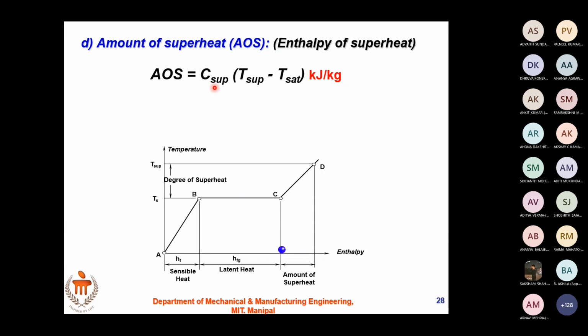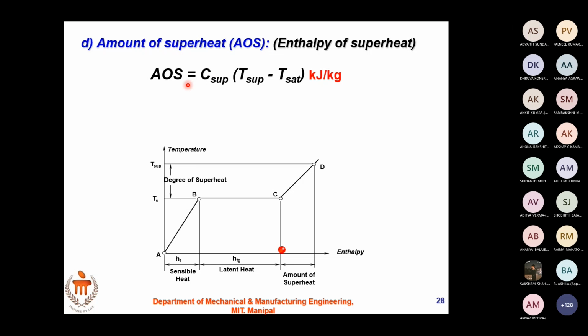So amount of superheat is the heat required to raise the temperature of dry saturated steam to a higher temperature at a given pressure. So higher superheated temperature at a given constant pressure. That is your AOS.